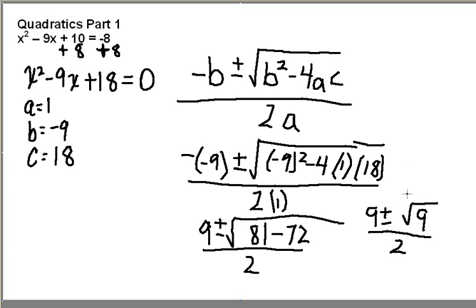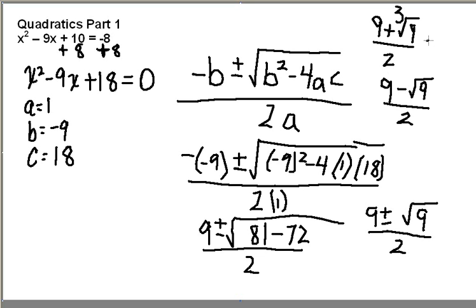And it's important to remember that this is two different problems. The first one is 9 plus the square root of 9 over 2, and the second one is 9 minus the square root of 9 over 2. The square root of 9 is 3, so in this case I get 9 plus 3, which is 12, divided by 2, which gives me 6.